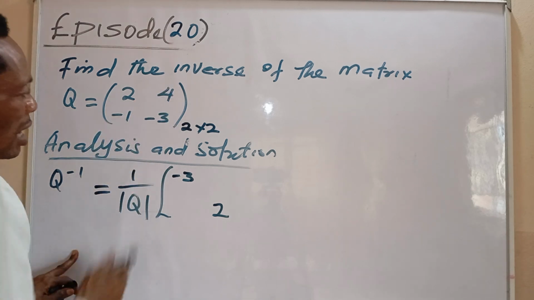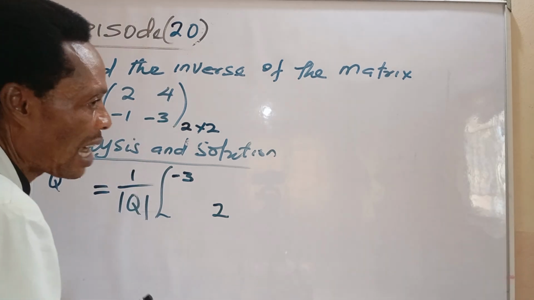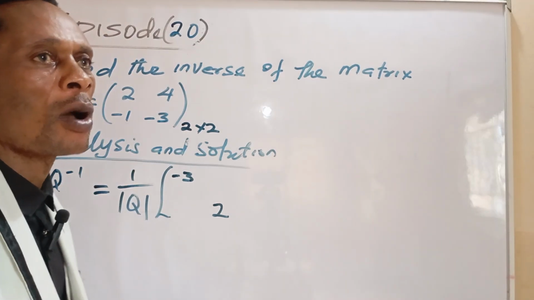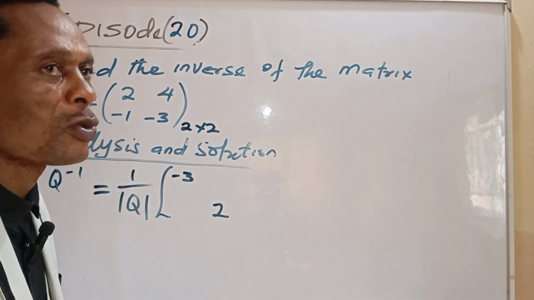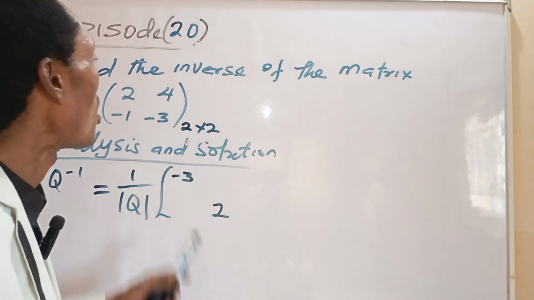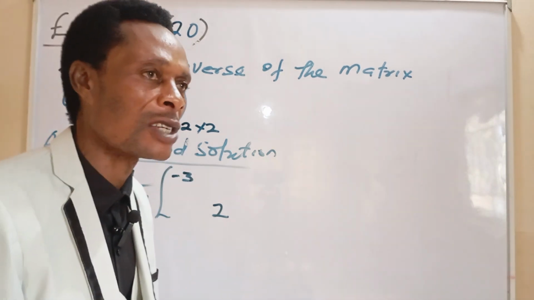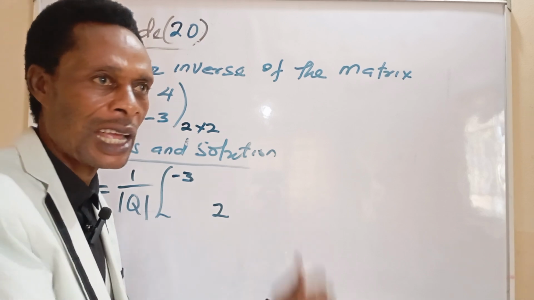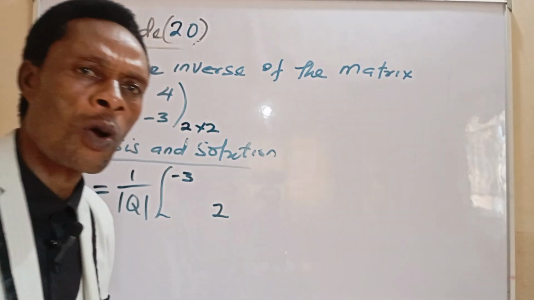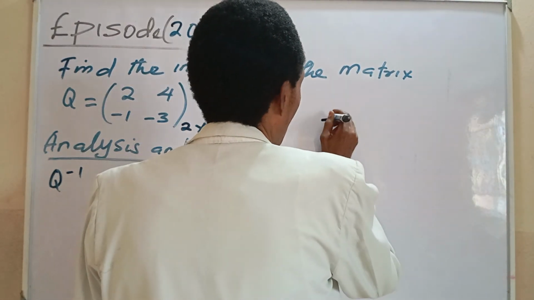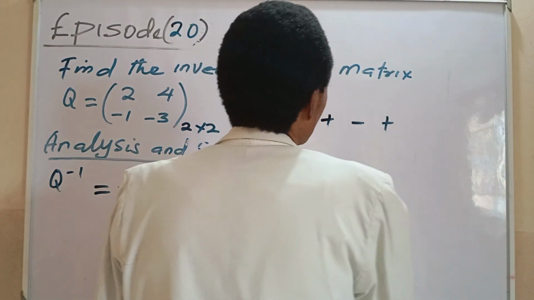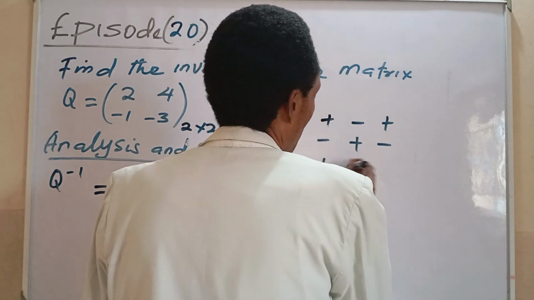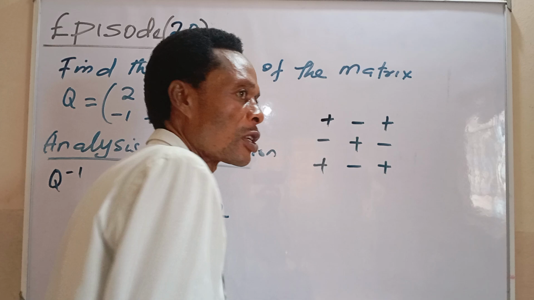Then the off diagonal elements, you have to give them their sign, because in a matrix there is what we call a cofactor. A cofactor is where you consider the sign of each element of a matrix. There is always a sign through which you will recognize the element in a matrix. There is what we call the chessboard: plus, minus, plus, then minus, plus, minus, then plus, minus, plus. This is how it will continue.